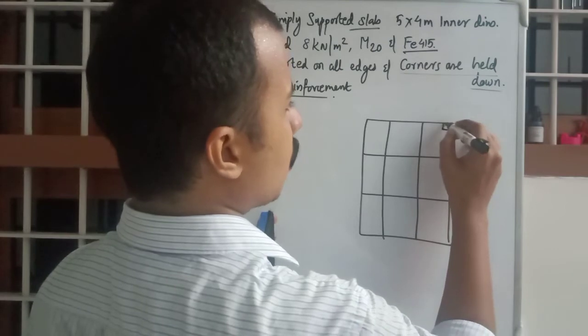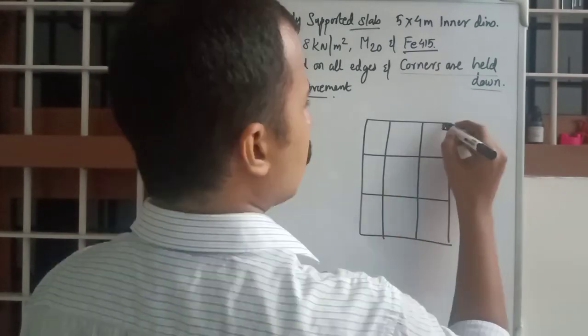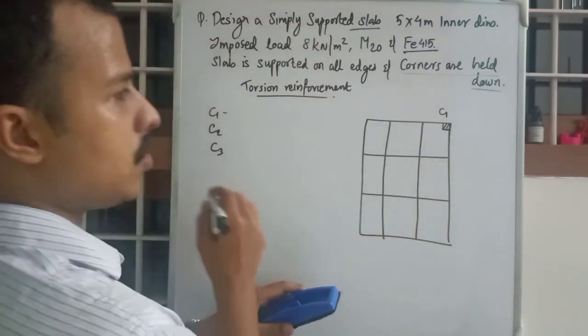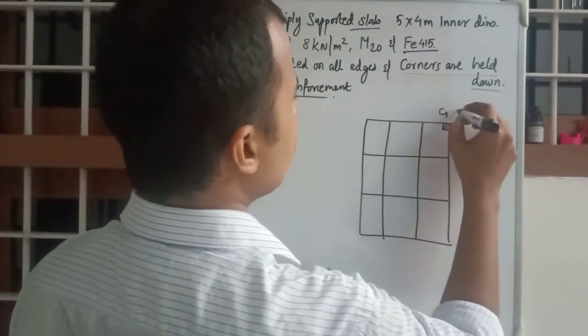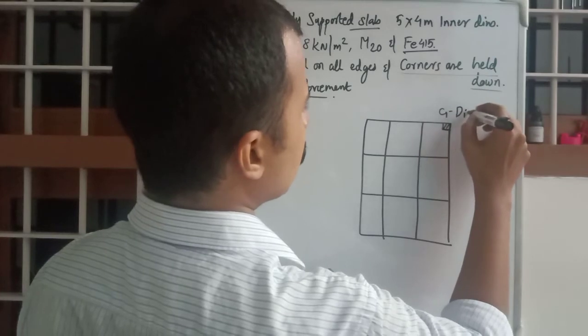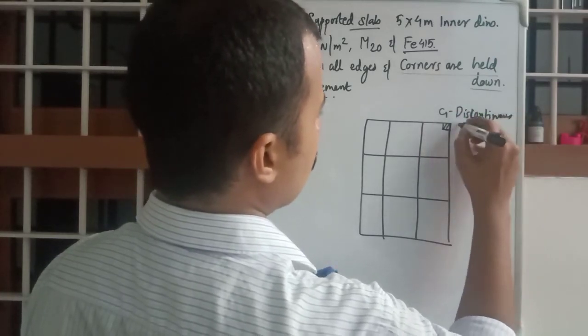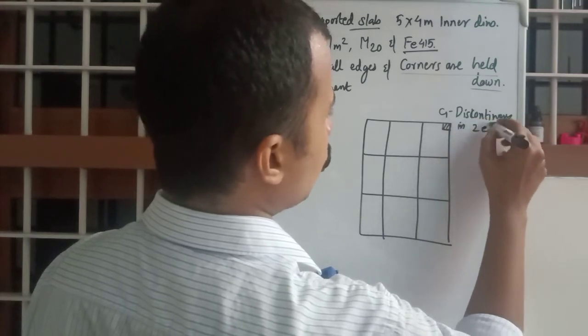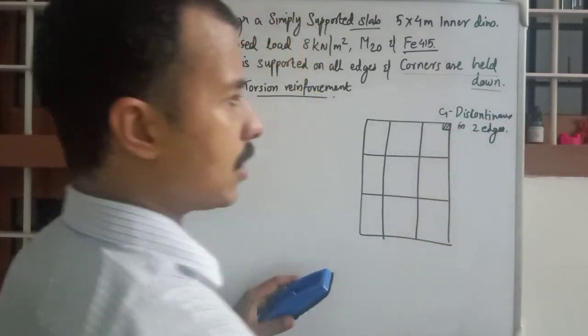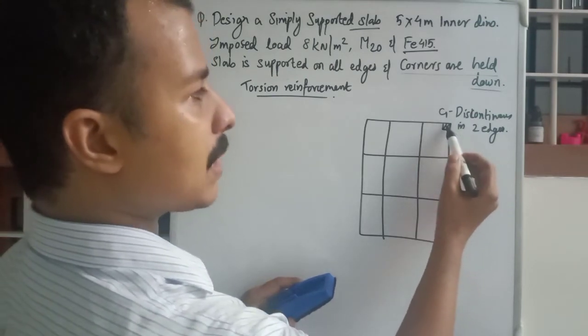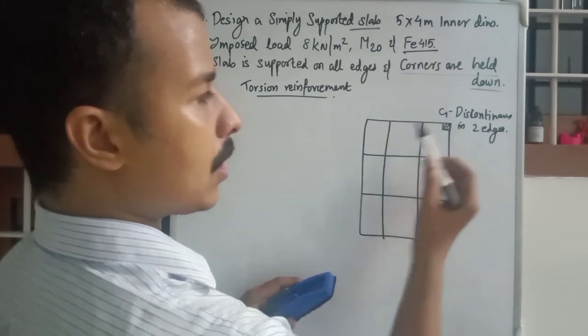various types of corners. For example, this one is C1, which is discontinuous in 2 edges. It is not with respect to slabs, it is just with respect to this corner point.